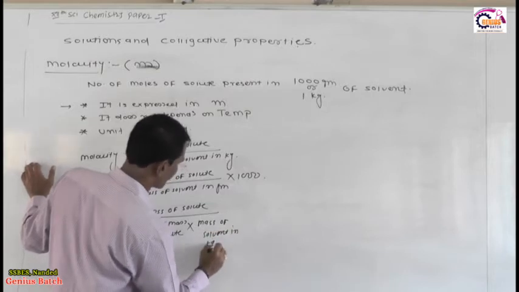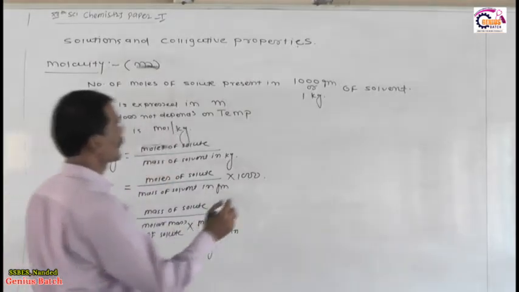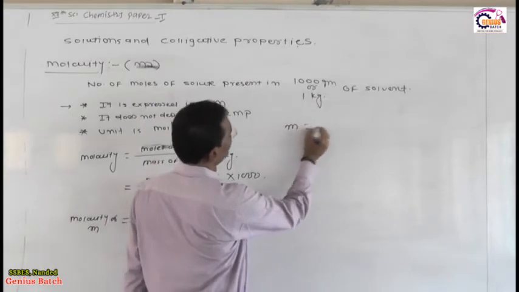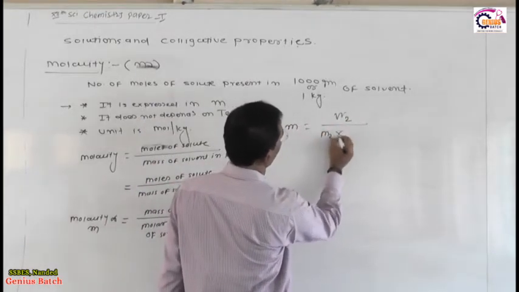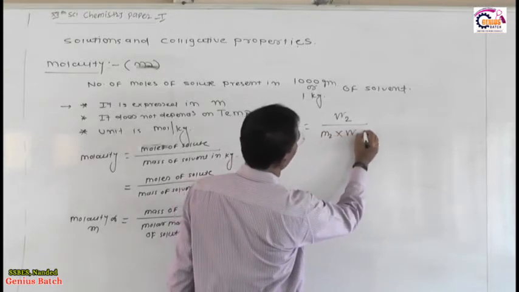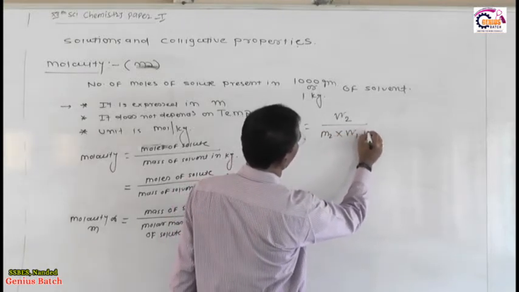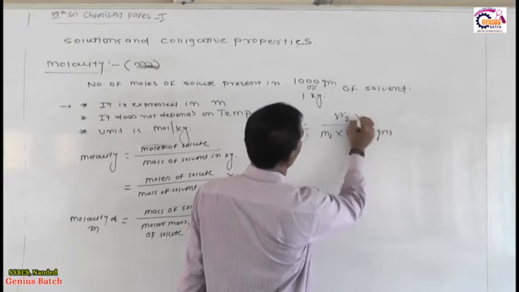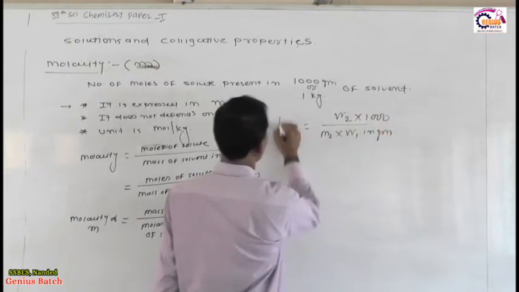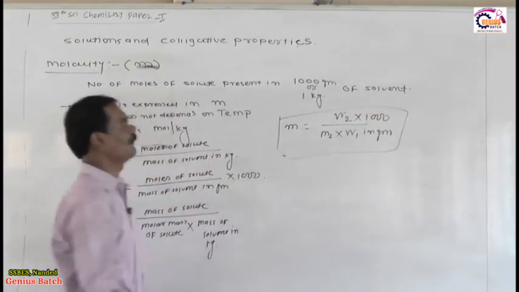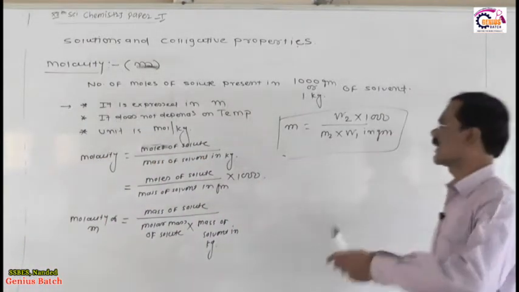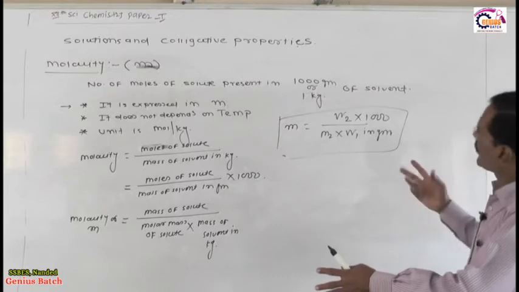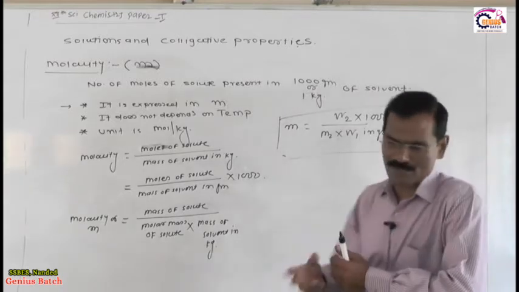If it is in kilogram, then there is no need to write 1000. Or small m is equal to W2 divided by M2 into W1, and if it is in gram, then W2 into 1000. So, this is the way we calculate the molality of a solution. As per my idea, you don't have any problem related to molality also, dear students.